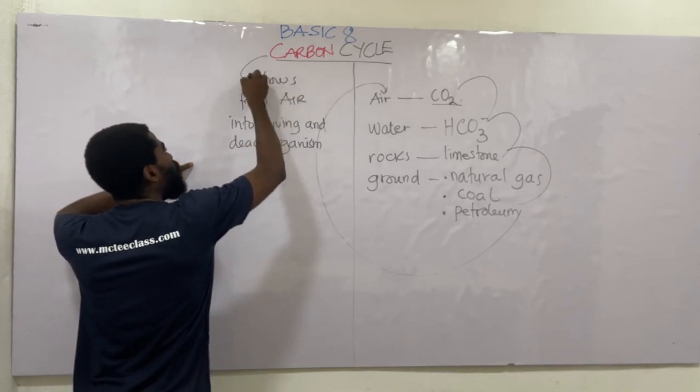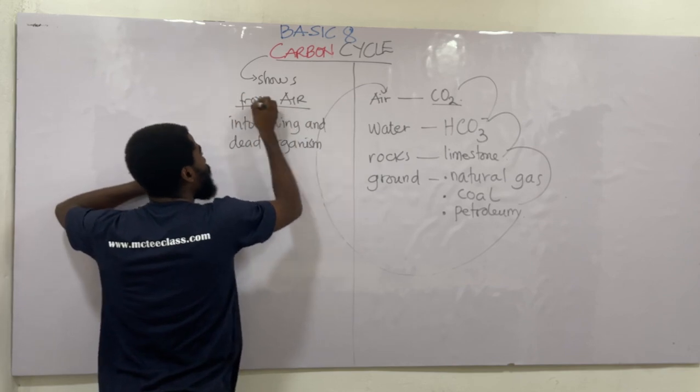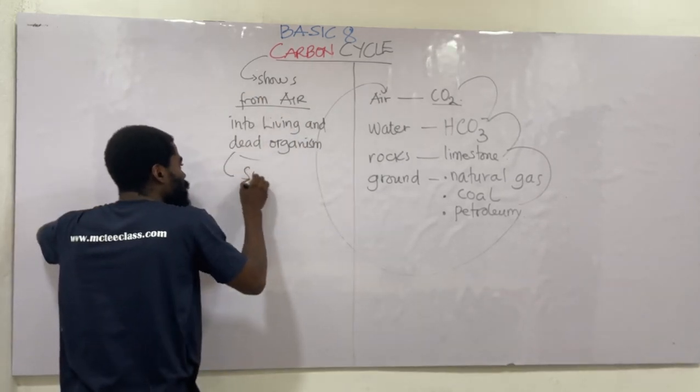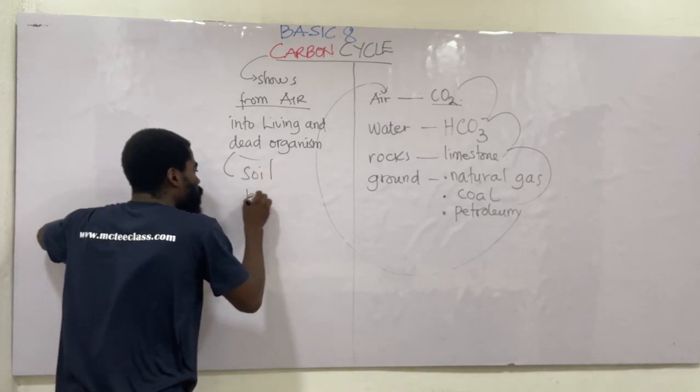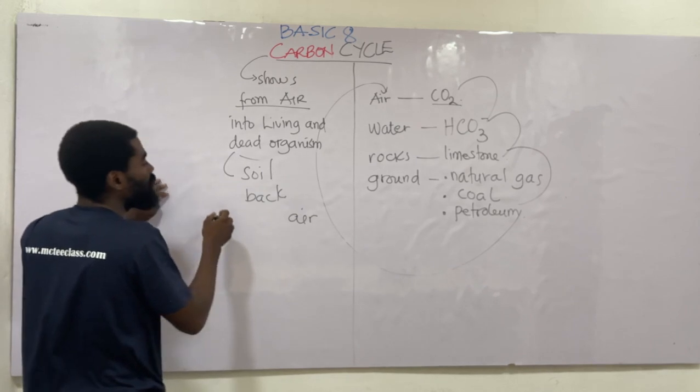So it shows how carbon moves from air into dead and living organisms, then the soil, then it goes back into the air. So that becomes the cycle.